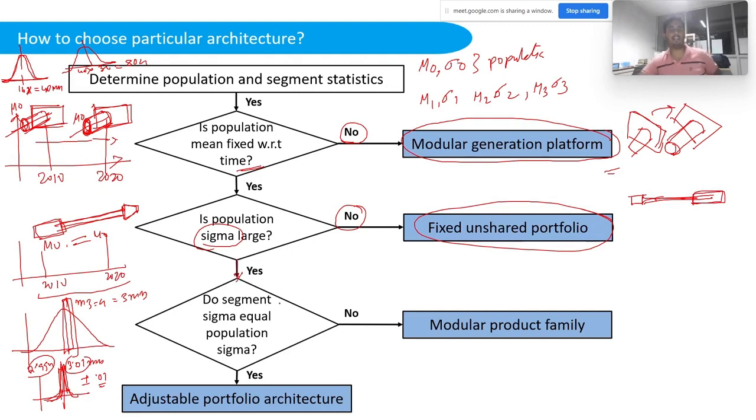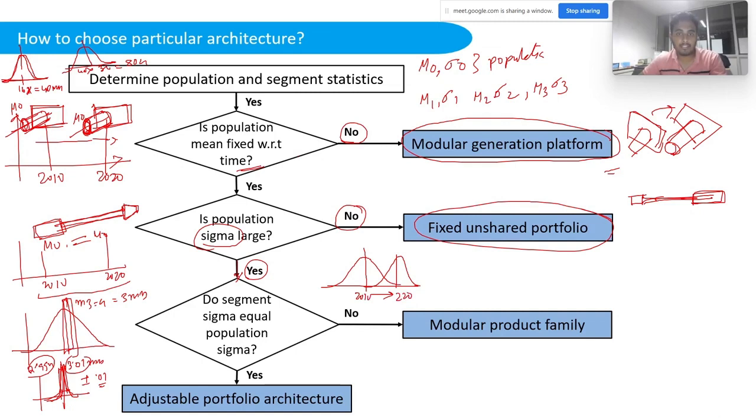Similarly, if the answer is yes, the population has a large sigma. First, you already checked that over time mu changes. Mu changes means the mean shifts over time, 2010, 2020. That is the first checkpoint.